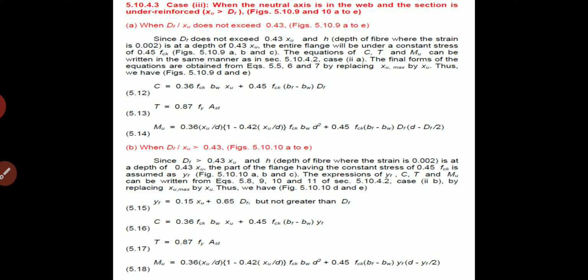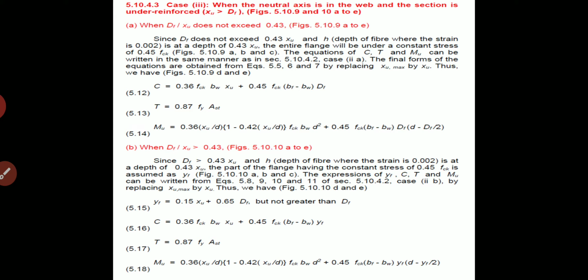Case third, when the neutral axis is in the web and the section is under reinforced, Xu greater than Df. Part 1, when Df by Xu does not exceed 0.43.